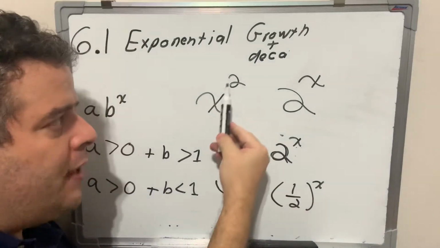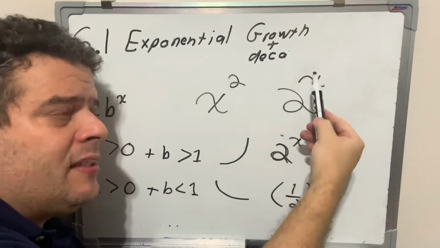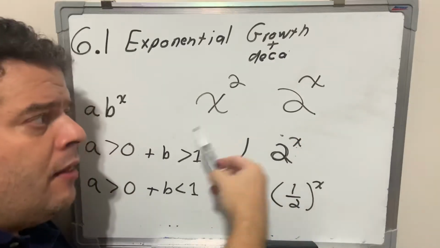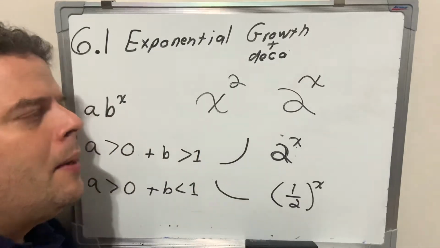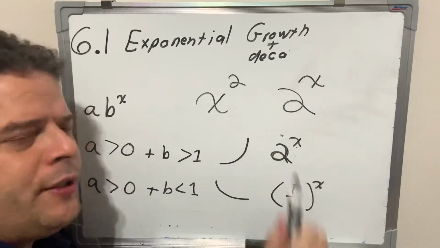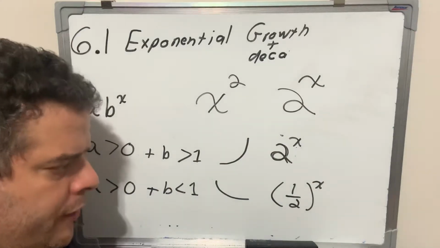Again, quadratic, this is a variable squared, exponential. Okay, they are similar. In this case, at least the quadratic, it's similar, but when we're talking about exponential functions, we're talking about variables that are exponents.